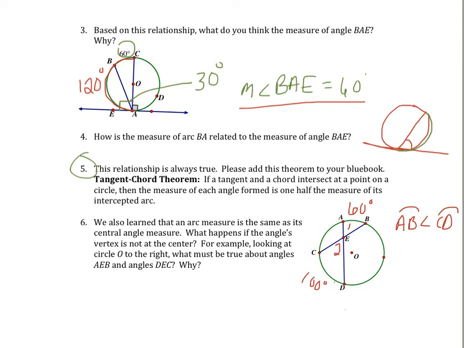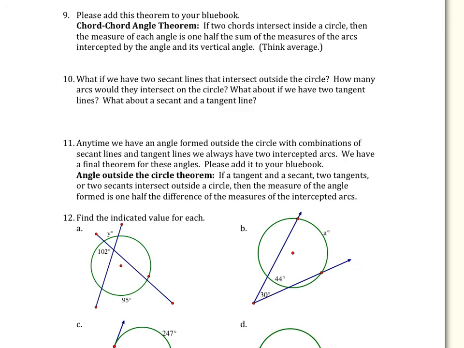What could we do? And I'm hoping that you guys came up with, well, we could average those two. So if I would just average the two, that would split it fairly, and I would get that angle there is 80 degrees, angle 1 and angle 2. That would be right in the middle of those. All right, so going to number 9, we have this new theorem.